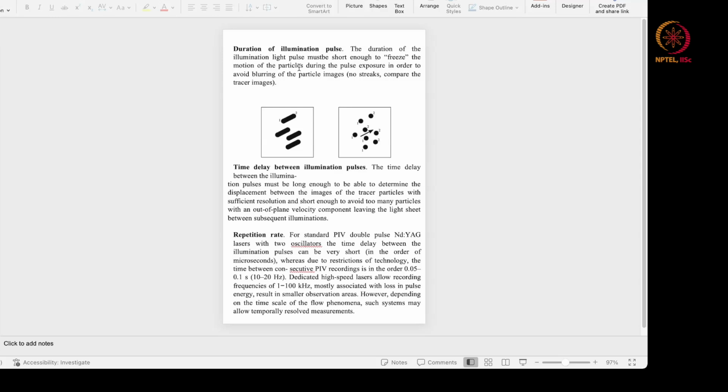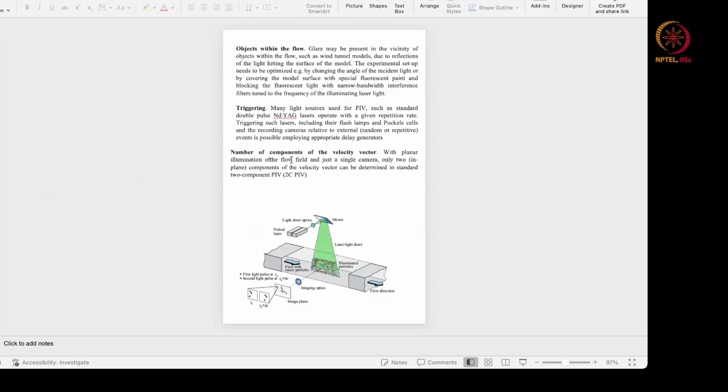We also said that the time delay is important because otherwise, if the time delay is too much, then the particles may go out of the measurement window. If there is an out-of-plane component, it might go out of the plane. But if it is too short, then the particles may not actually move. So all these things are important, and the rep rate of the lasers is also important.